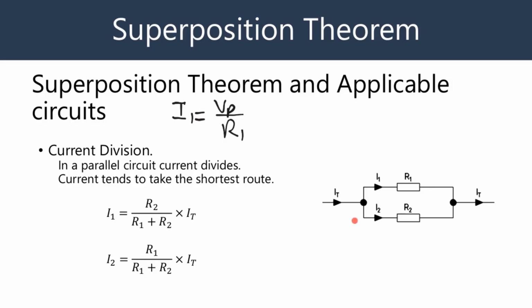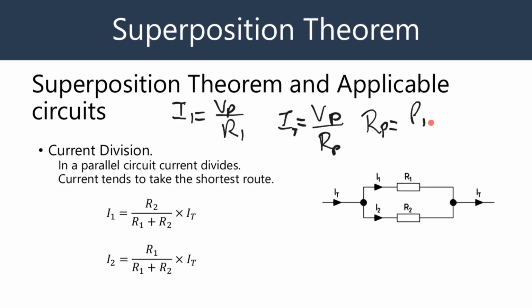Now, how would I get to I total? I would have to get a parallel resistance total first. So we'll then take the voltage and divide it by the R total or R parallel. So V parallel divided by R parallel should actually give us an I total. Now, how do I get to R parallel? R parallel, we would generally have 1 over R1 plus 1 over R2, but we are now inverting already.